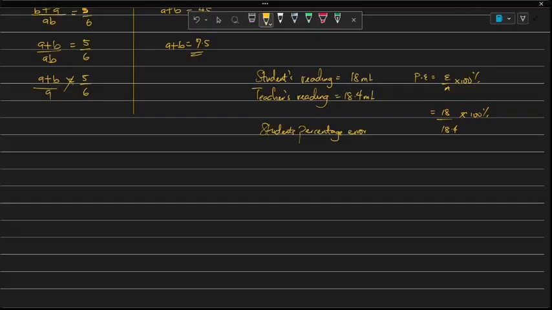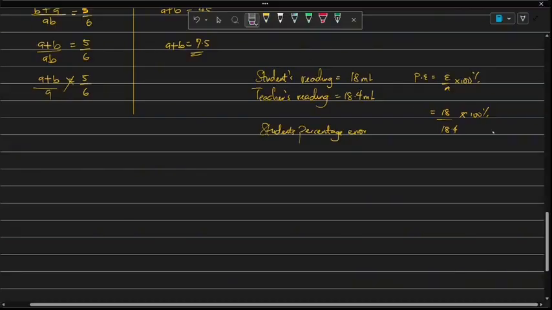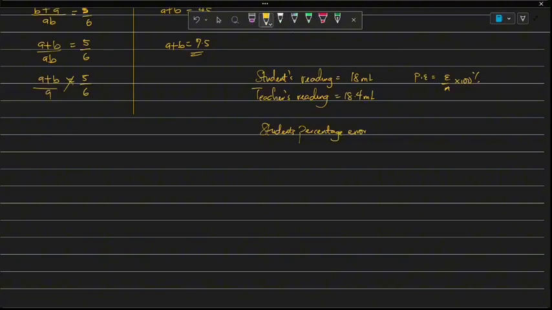If you can recall, the error is actual minus wrong reading or wrong reading minus actual, depending on which of them is bigger. Did you understand it? So we have to first calculate our error.